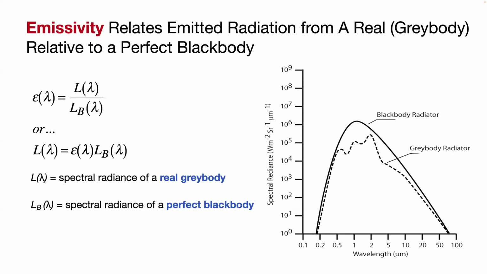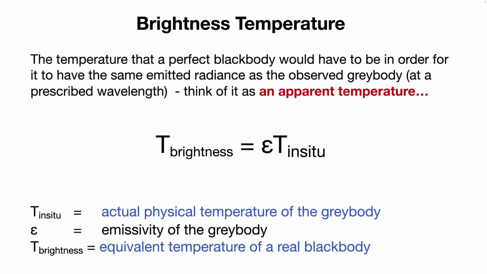Emissivity is the ratio of the actual radiance divided by the perfect black body radiance, and brightness temperature is just the in situ temperature times the emissivity. If you want, call it the apparent temperature based on the emissivity. If it's low emissivity, it's going to look like a slightly lower temperature. The satellite's going to convert the radiance into something that has a slightly lower temperature in degrees centigrade than the actual in situ temperature.